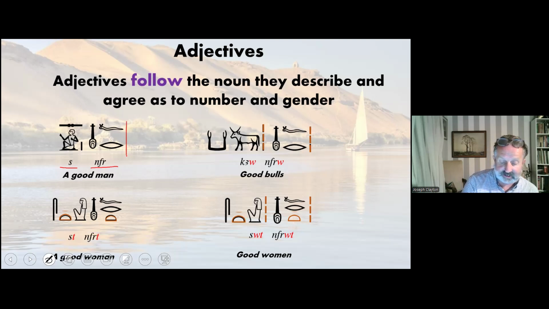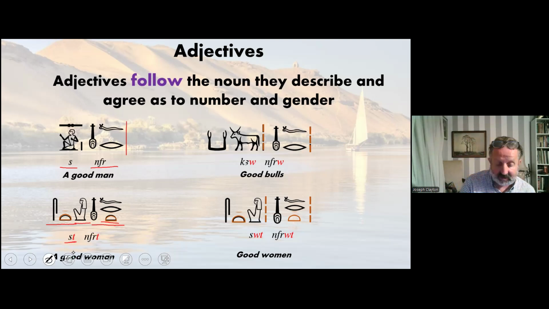Okay, feminine singular, we've got a T ending, so set, that's a female person, and then we've got a woman determinative. But if we want to describe her as good, it's neferet with a T. It's good or beautiful. So you see it has to agree.